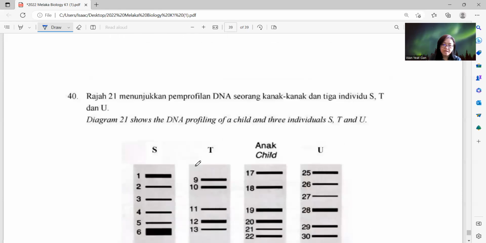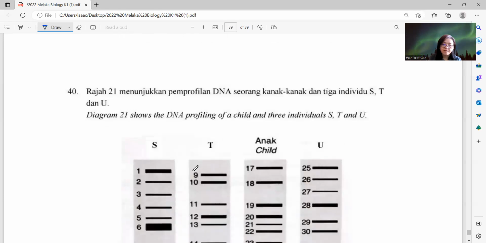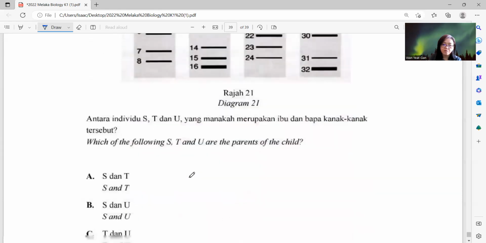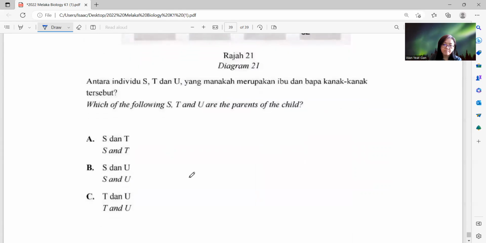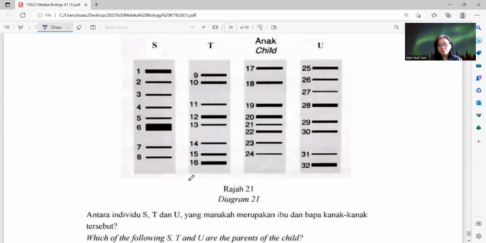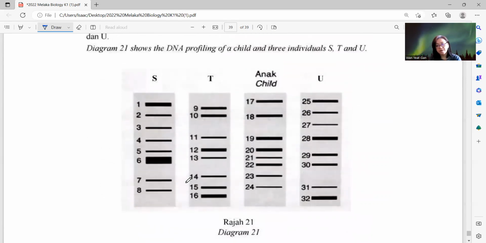Diagram 21 show the DNA profiling of a child and three individual S, T, U. Which of the following S, T, U are the parents of the child? So we have to find the matching DNA band.